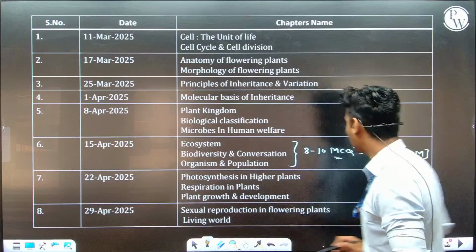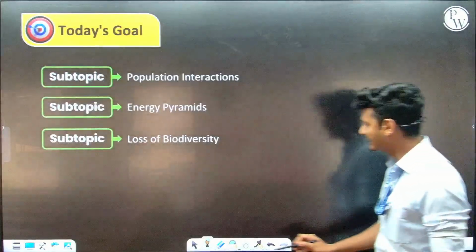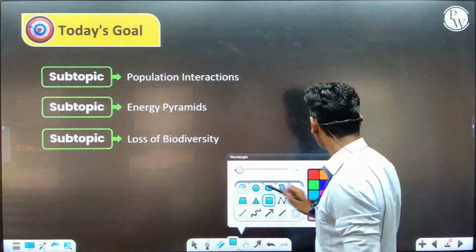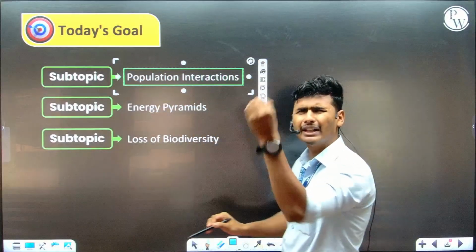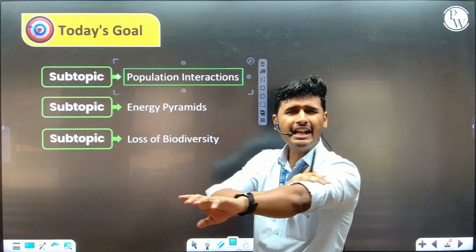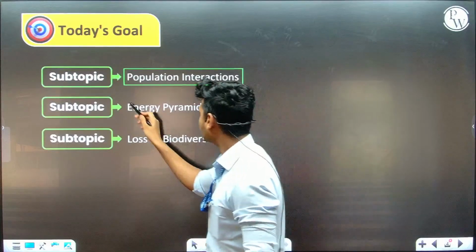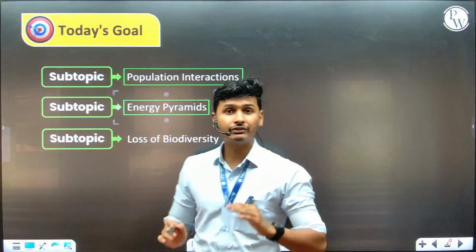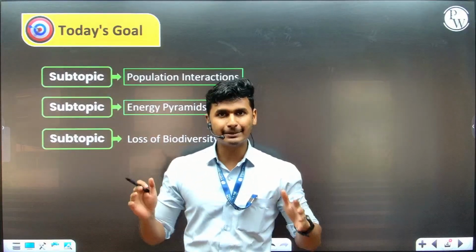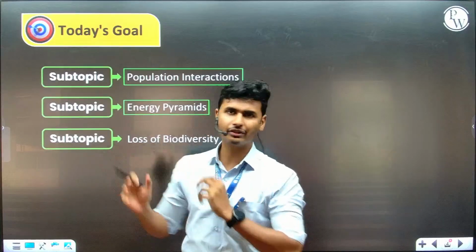But in today's session, the first topic is population interaction. This is a very essential, important topic of organism and population. Another one is energy flow in the ecosystem, which pyramid is upright, which pyramid is inverted, and the MCQs regarding that.